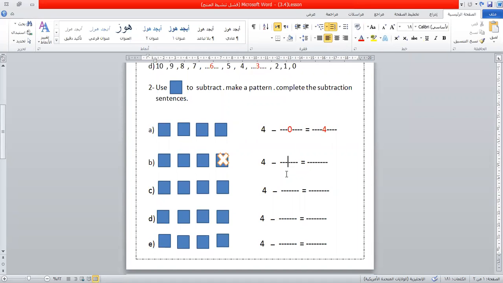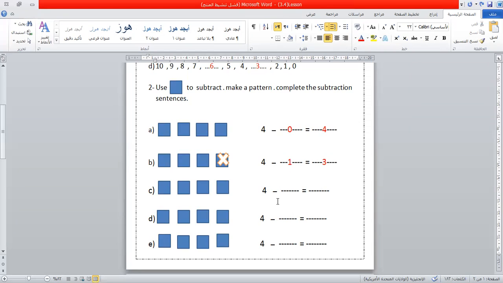So 4 minus 1. Why 1? Because I crossed out one square. Equals, how many squares without crossing? 1, 2, 3. So 4 minus 1 equals 3. Okay, here in the first one I crossed out 0 squares. In the second one I crossed out 1 square.